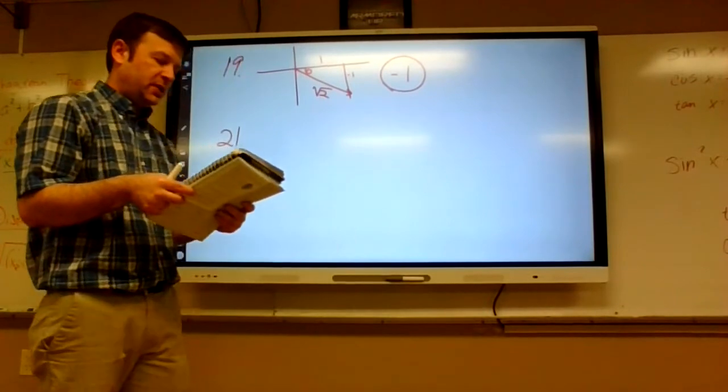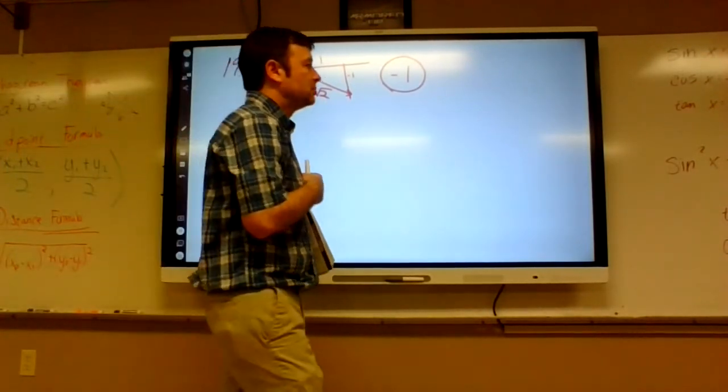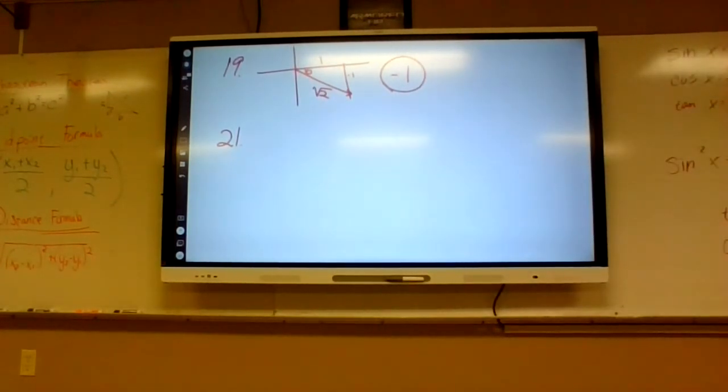21, cotangent. Uh-oh. Okay. Actually, you guys are going to have to help me. I put this up for geometry, but have we talked about cotangent and stuff? Yeah. Okay, good. Whew. All right, cotangent is the reciprocal of tangent, so it's adjacent over opposite instead.